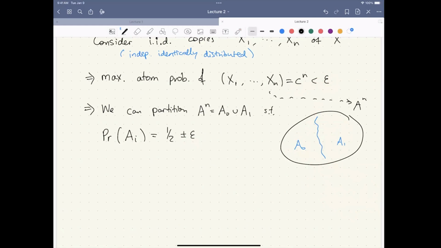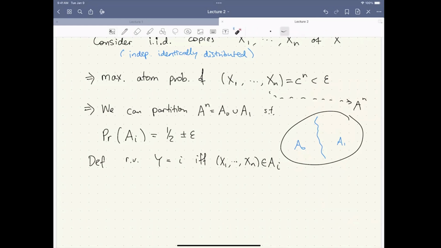Now we're going to define a random variable Y such that Y equals i if and only if our random vector lies on the corresponding part, i equal to 0 or 1. If and only if X1 to Xn lies in Ai for i equal to 0 or 1.